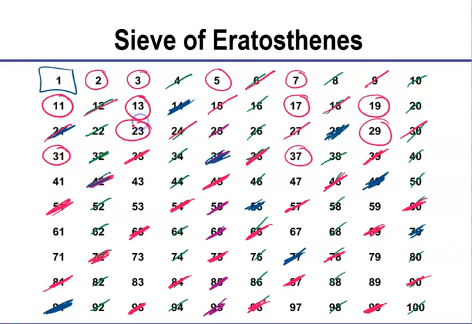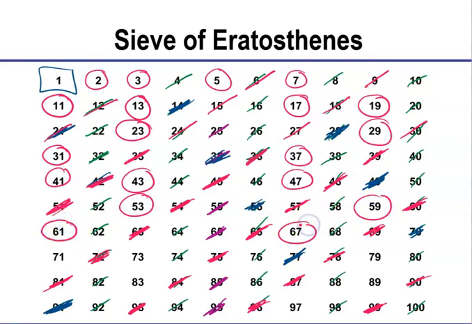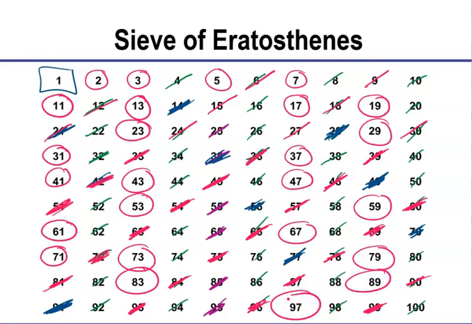Oh, I skipped 23. I knew there's another one in the 20s. 41, 43, 47, 53, 59, 61, 67, 71, 73, 79, 83, 89, 97. So it seems like there are no steadfast rules about these prime numbers, right?